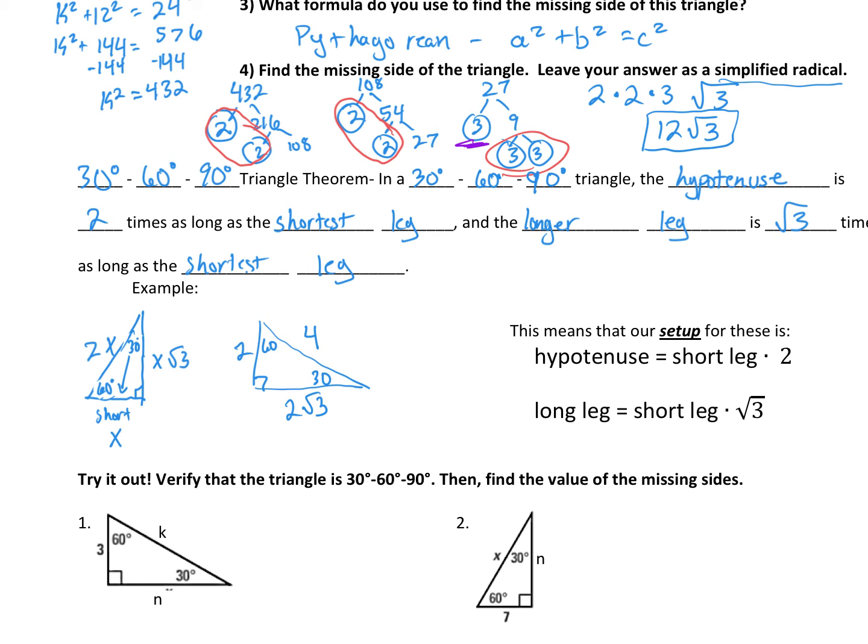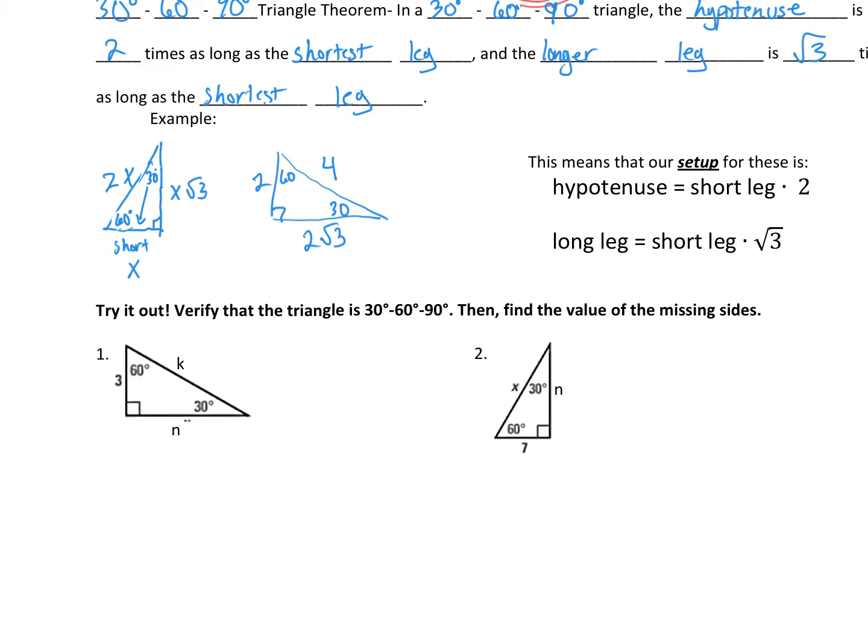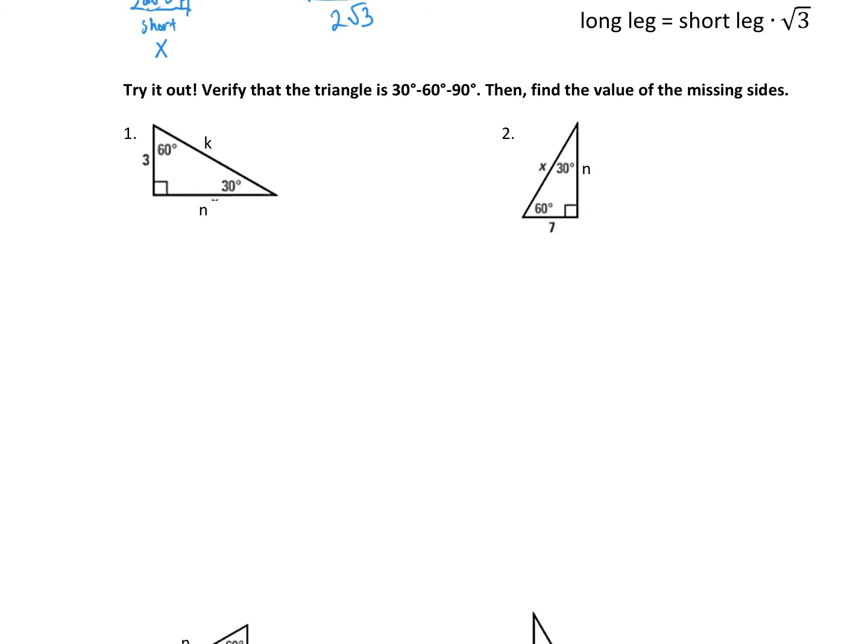So the hypotenuse equals the short leg times 2, and the longer leg equals the short leg times root 3. So let's try this out with what we have. So this is my shortest leg, this 3. So my n equals 3 root 3, and my k must equal 3 times 2, which is just 6.